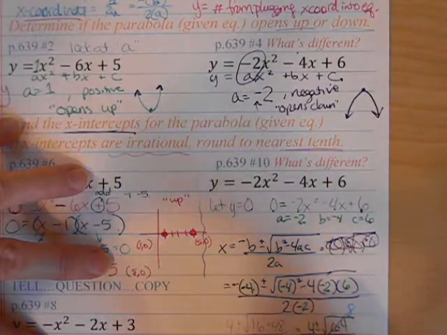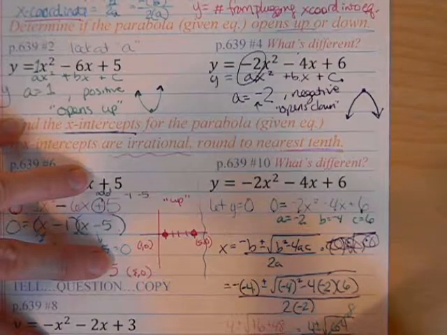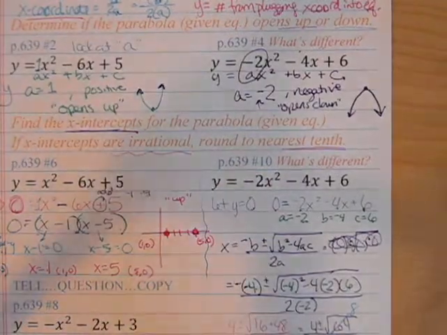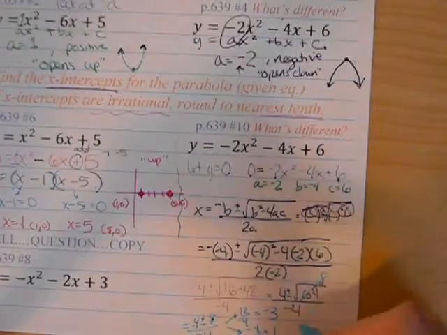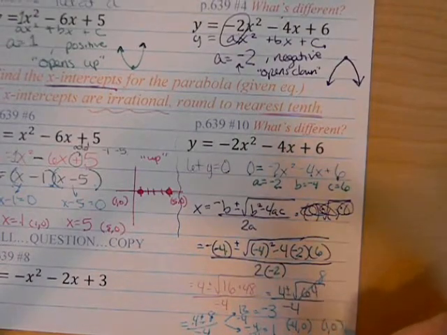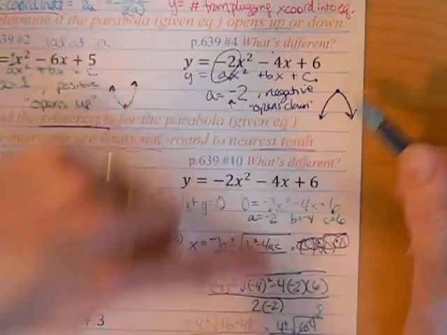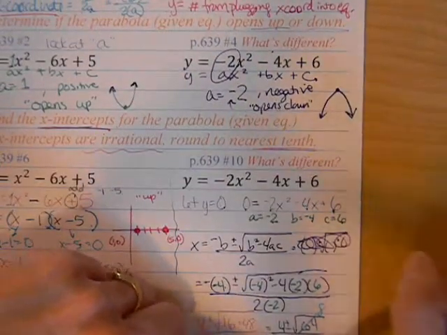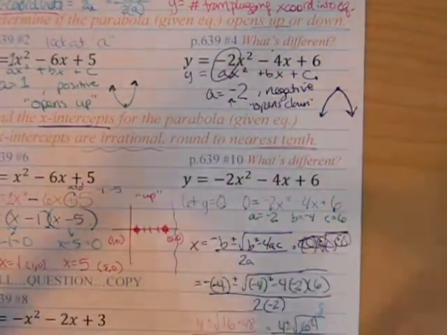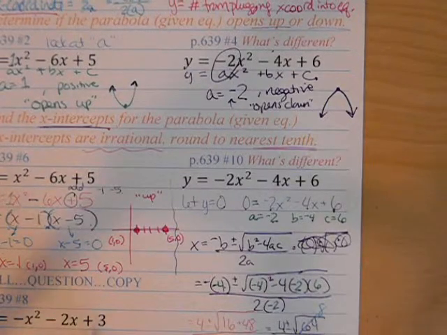My other one is 4 minus 8, which is negative 4 over negative 4, which is positive 1. So my two x-intercepts in this case are going to be negative 3, 0, and 1, 0. So from up here, we know that it opens downward, and it's going to cross the x-axis at negative 3, 0, and 1, 0.